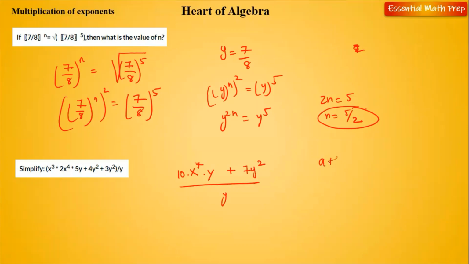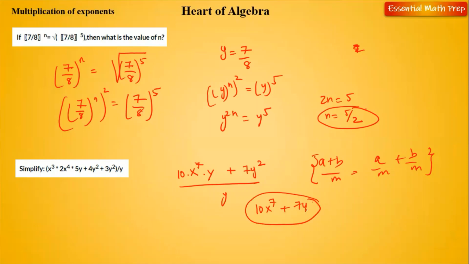If you have a plus b power m, it's the same as a power m plus b power m. That's the logic we have to use. It's not an exponent concept, but we've already used the exponent idea. This is just regular ratio. So that means it's 10 x power 7, 7y. That's the answer.